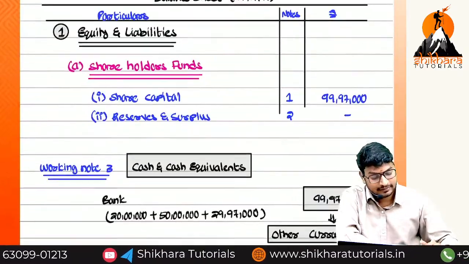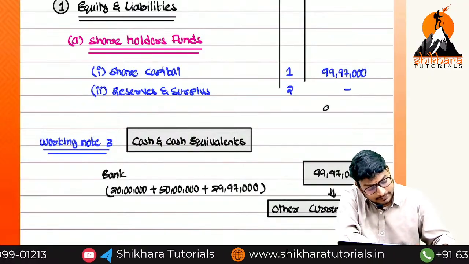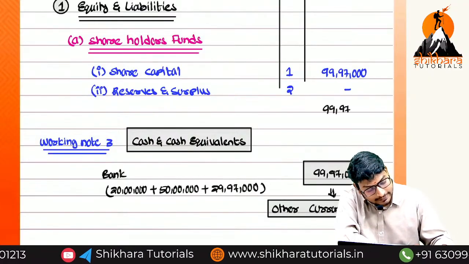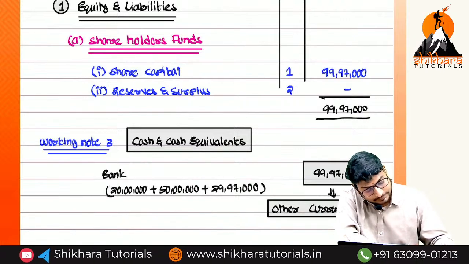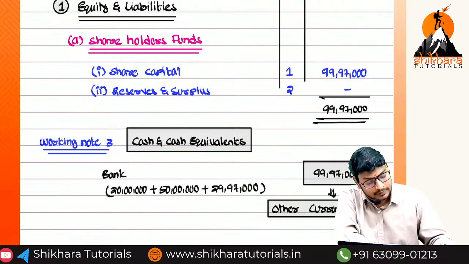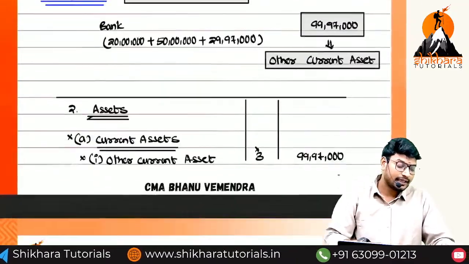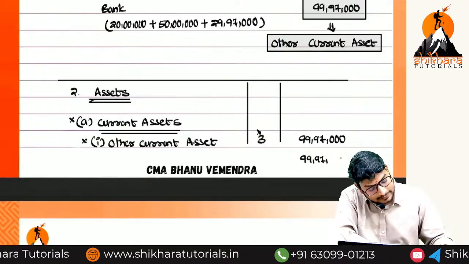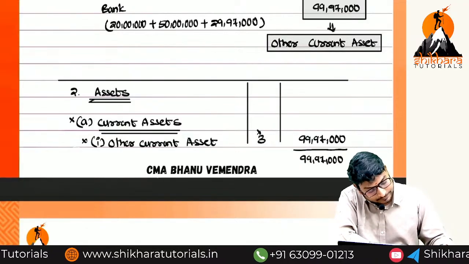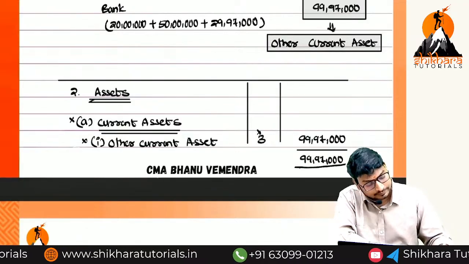See the liabilities. How much are the liabilities? 99 lakh 97,000. And how much are the assets? Same, 99 lakh 97,000.